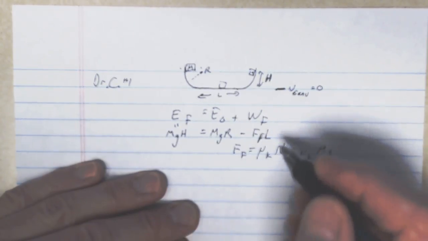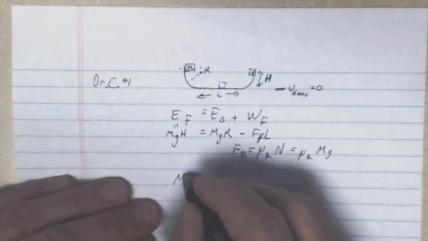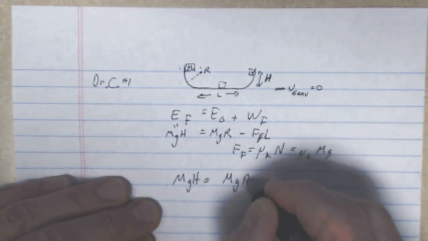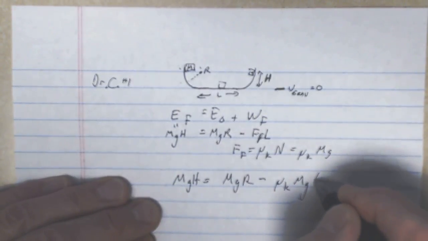Okay, so we have to plug in for the force of friction this, and our expression then becomes mgh equals mgr minus mu k mgL.